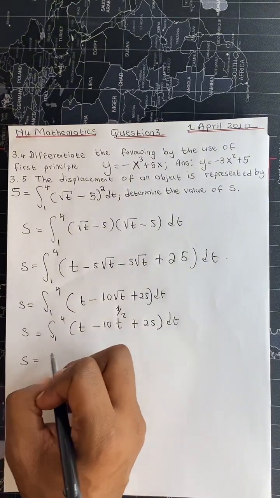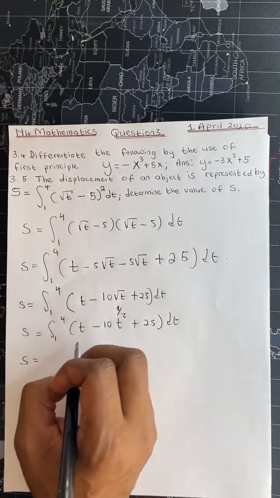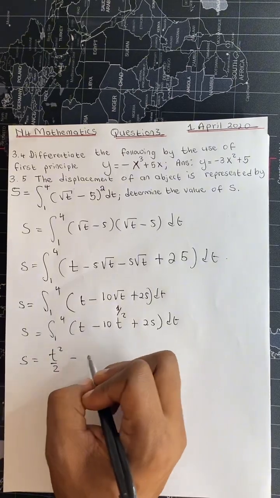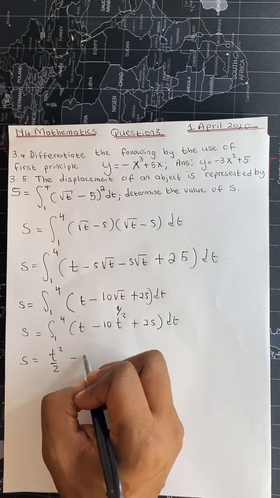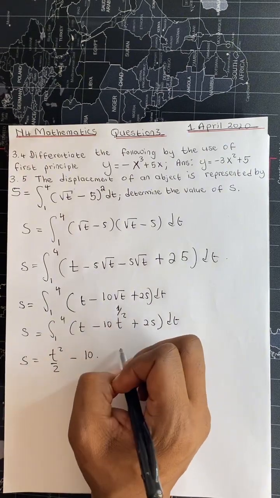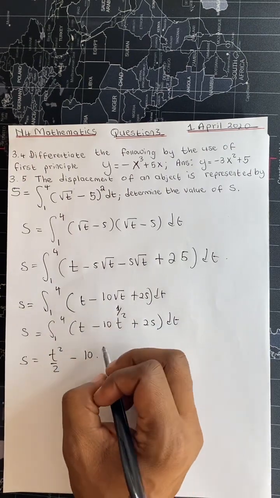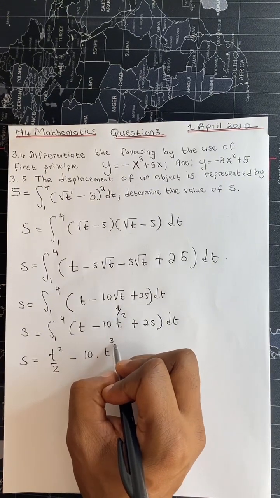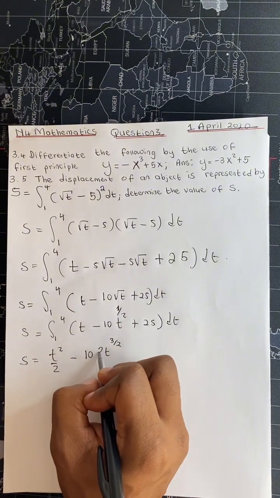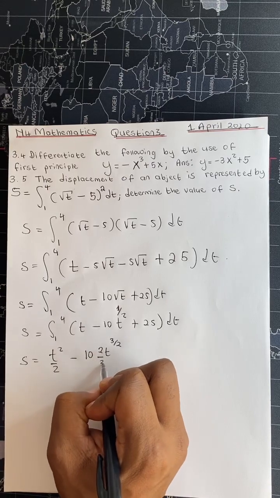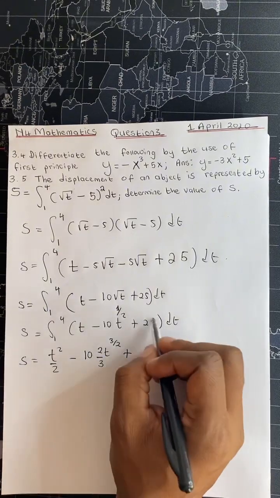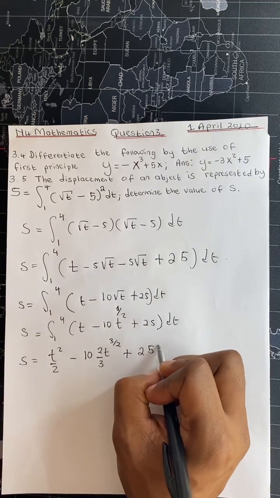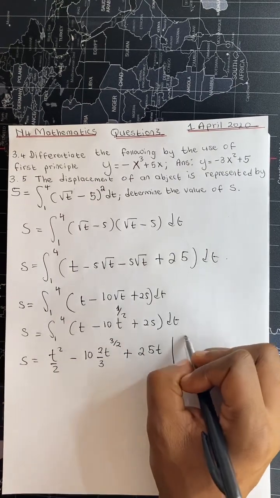So s will be equal to, so we integrate, the integral of t will be equal to t squared over 2, and the integral of t raised to the power 1 over 2 will be equal to t raised to the power 3 over 2 multiplied by 2 over 3. The integral of 25 will be equal to 25t, and this is from 1 to 4.